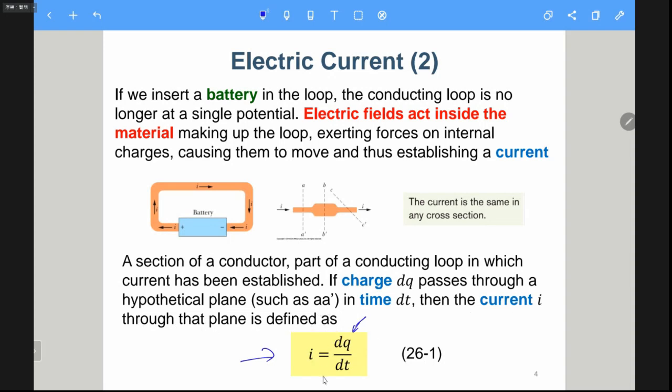Which means that every time there will be the same amount of dq going through this plane for every dt, to make this I constant.